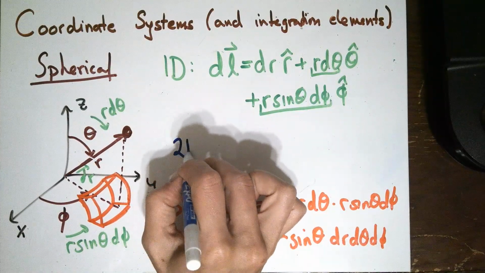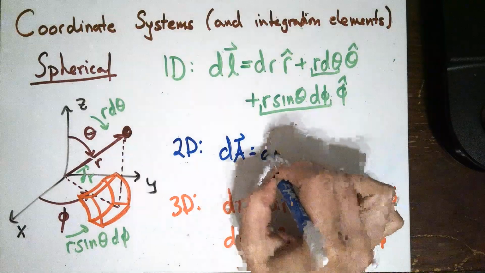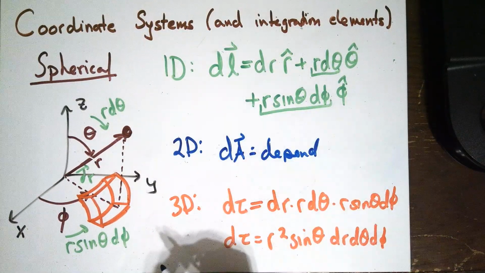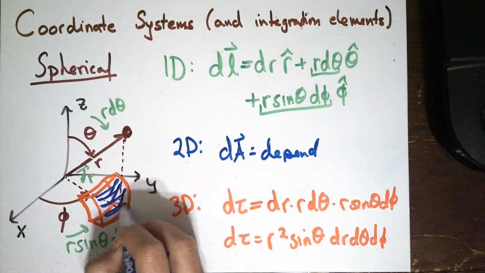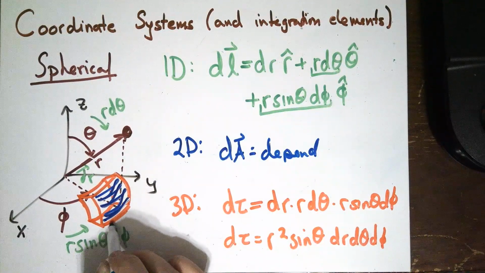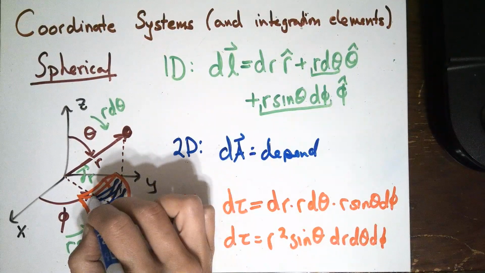As with the other two systems in 2 dimensions, your area element is going to depend on exactly which area you're talking about. So if we did this front plate here, we're changing a little bit in phi, we're changing a little bit in theta.